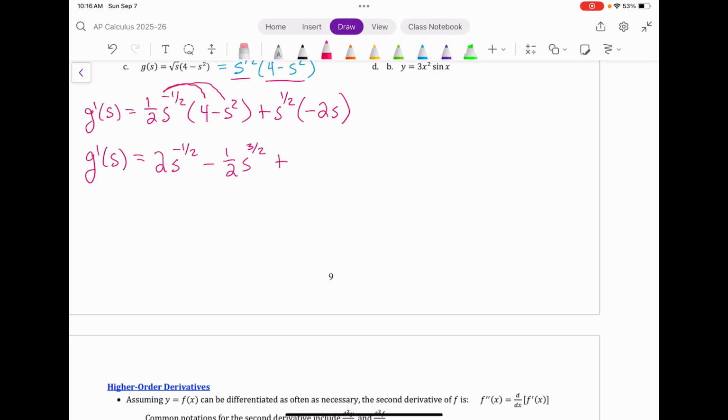And then over here, that's minus 2s. Same thing, multiply common base, you add the exponents. So 1 plus 1/2 is 3/2. We can combine those. What is that? Minus 5/2 s to the 3/2. Or we could rewrite it in radical form.